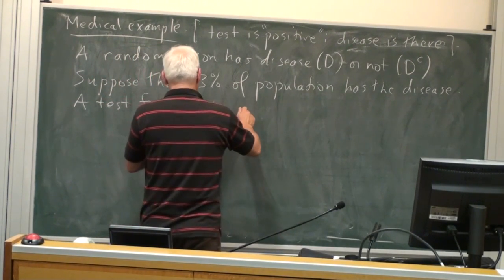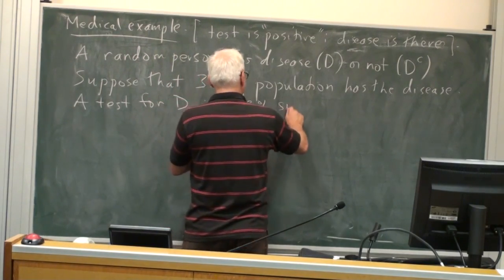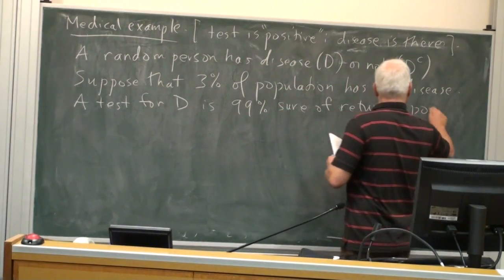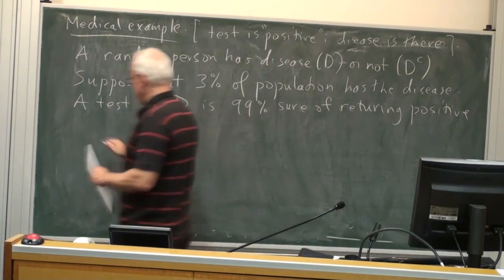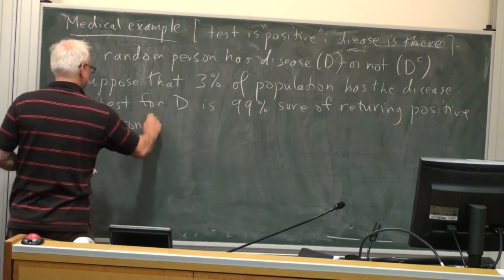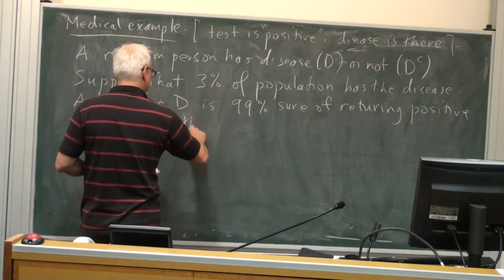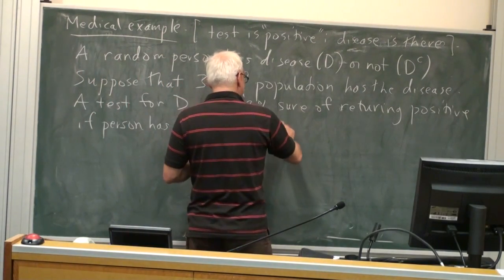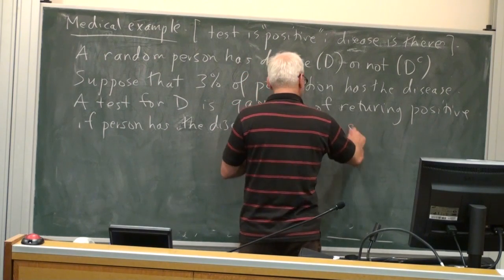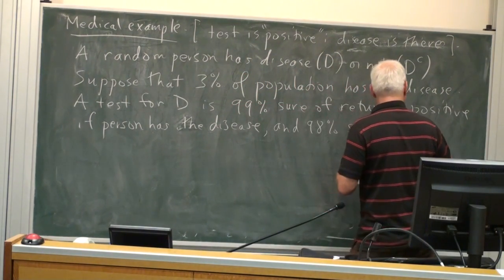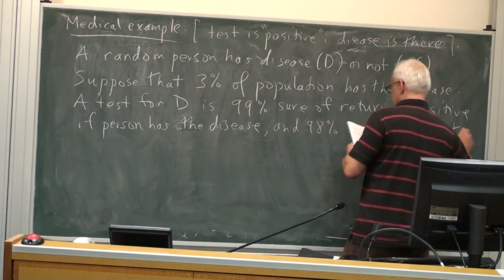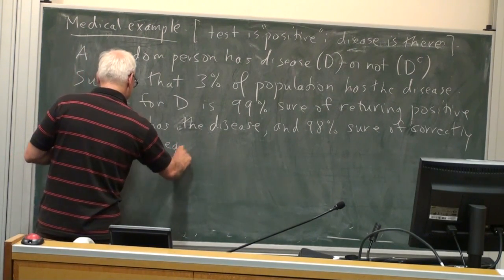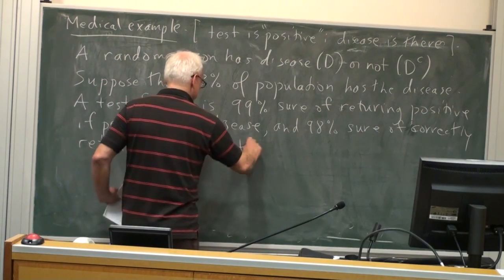is 99% sure of returning positive if the person has the disease, and 98% sure of correctly returning negative if they do not have it.